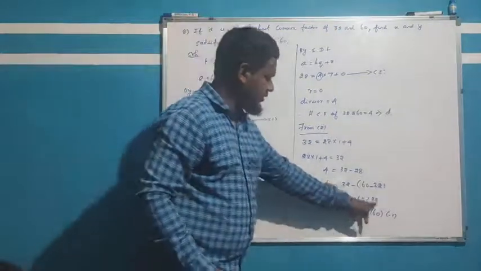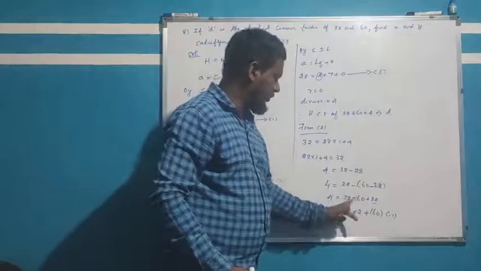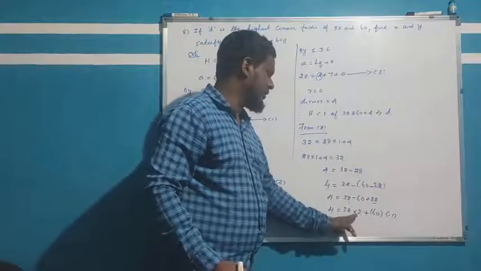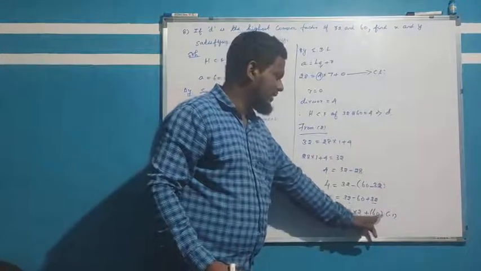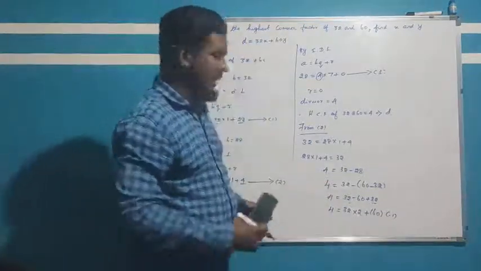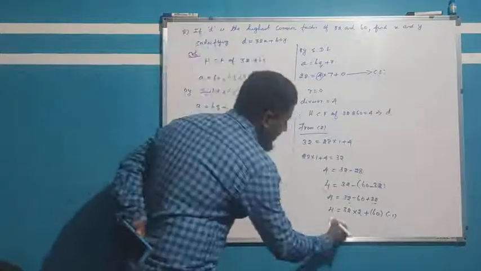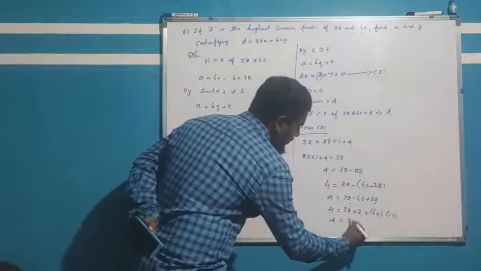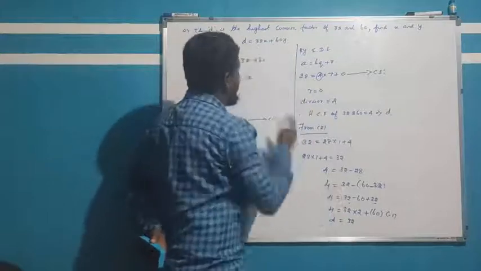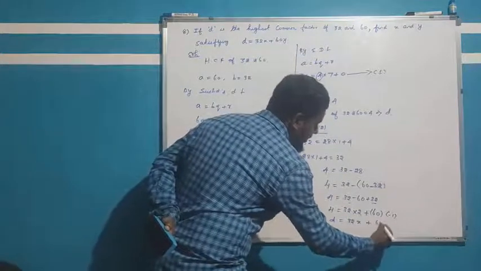So 32 into 2, 32 two times, plus 60 into minus 1. Why are we taking this form? Because we are converting into this formula. Now check in this form that D is equal to 32x plus 60y.